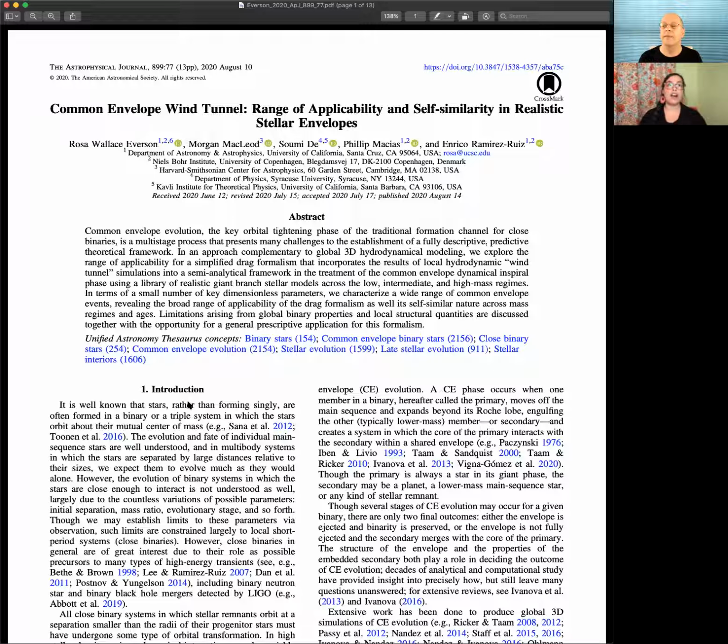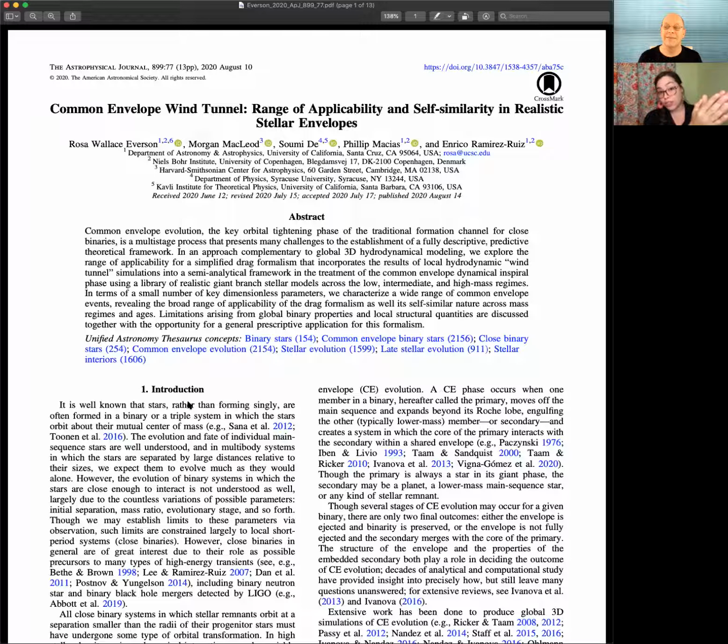It's jumping off of the 2017 paper by Morgan MacLeod and others that came up with a polytropic expression for trying to describe this. What I wanted to see was, when we use realistic stellar envelopes instead of polytropic stellar envelopes, what does that range look like, and how accurate really is the polytropic expression?